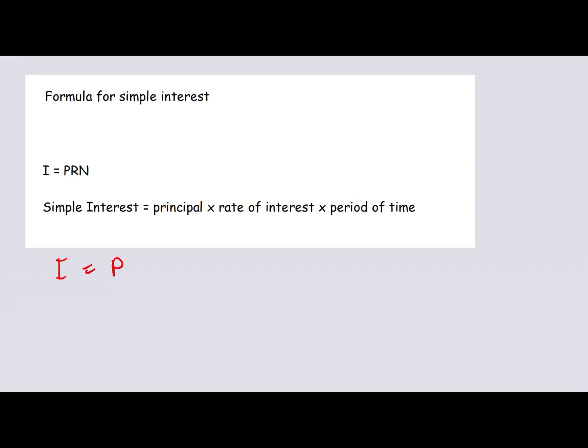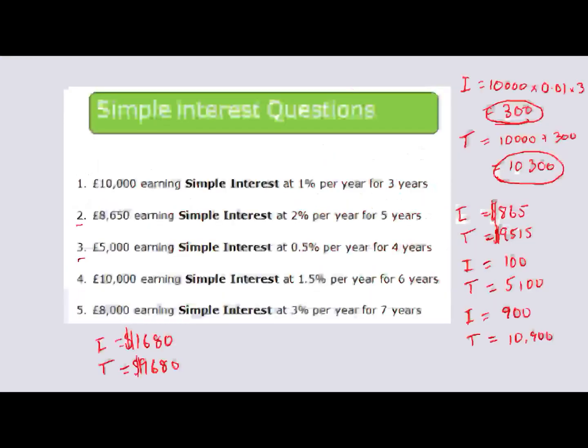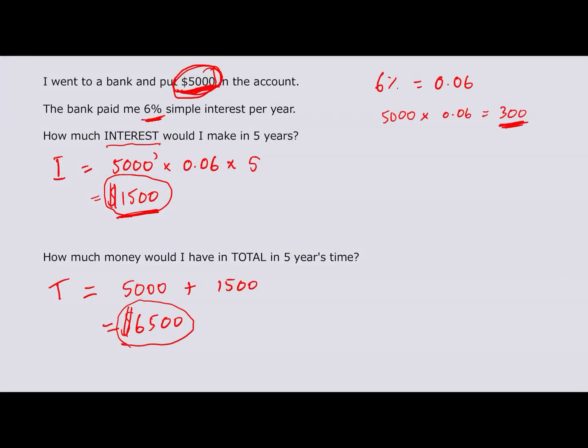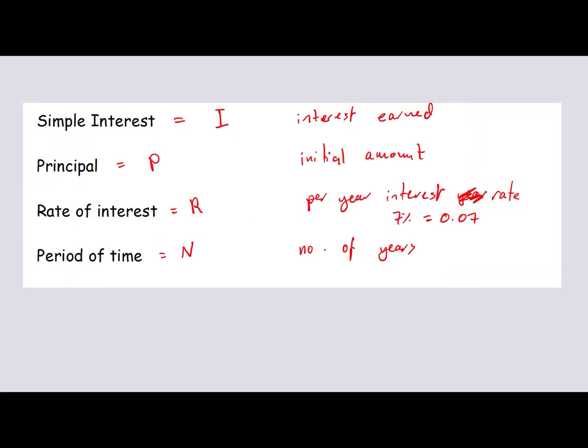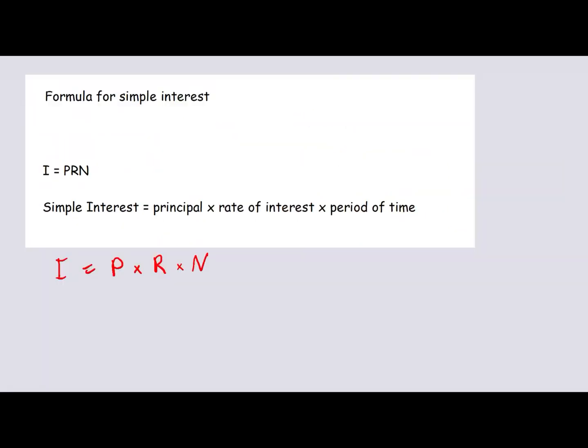And if you followed what we were doing in the last video, if we want to know the interest, we multiply the amount that we start off with, the principal, times the interest rate, and then multiply that by the number of years most of the time.